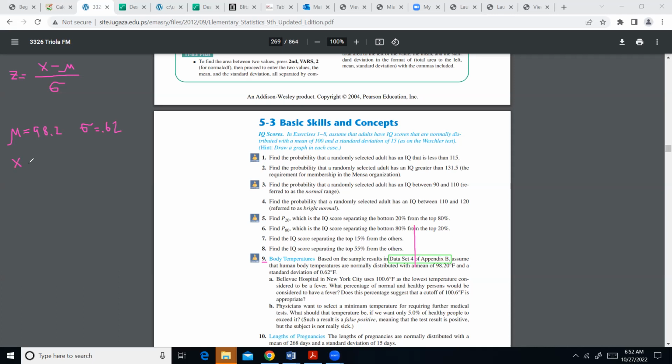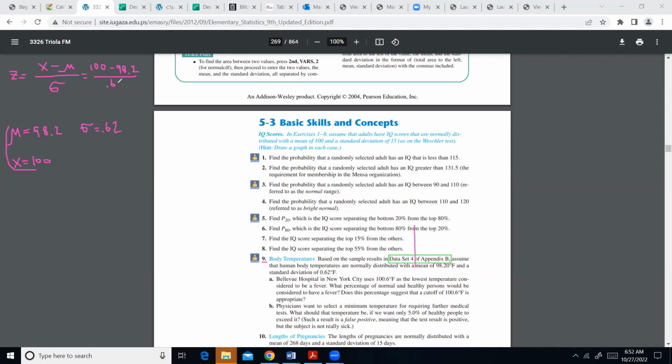That was 100, I believe. And with these elements of data, you were asked to put all of them in the formula. So you get 100 minus 98.2 and divide this by standard deviation, which is 0.62.